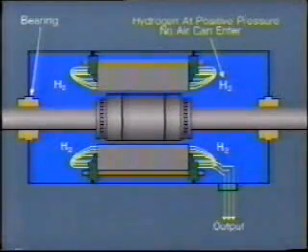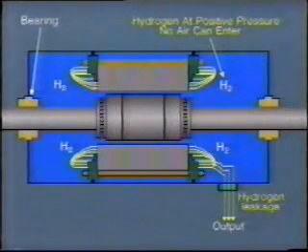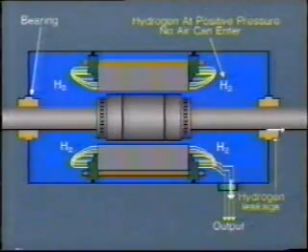On the other hand, the presence of hydrogen under pressure does have a slight negative factor, that is, the loss of hydrogen by leakage. Leakage could conceivably occur through joints in the casing, particularly around the terminal bushings, but the most likely area is through the shaft seals. We'll talk more about this in a moment.